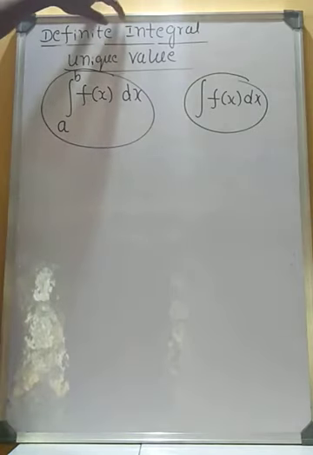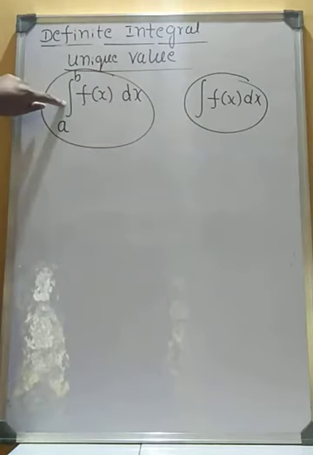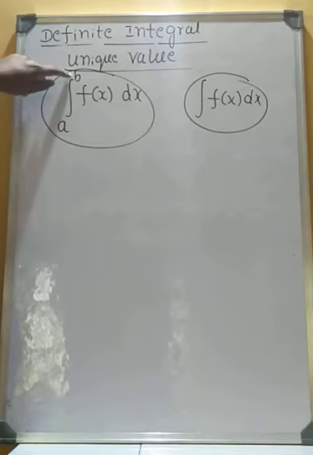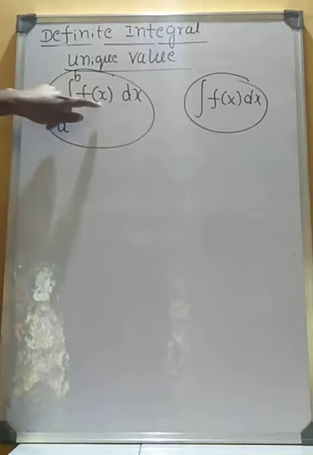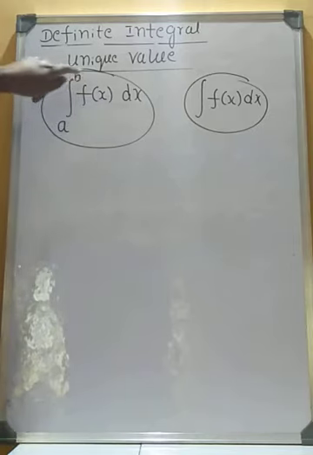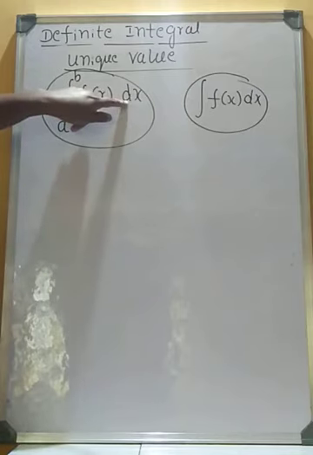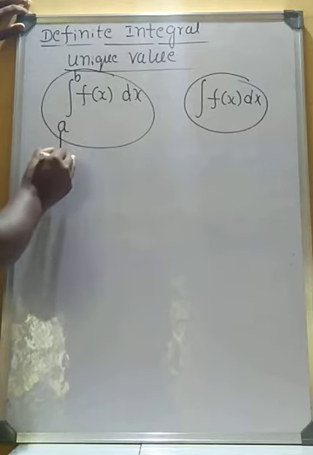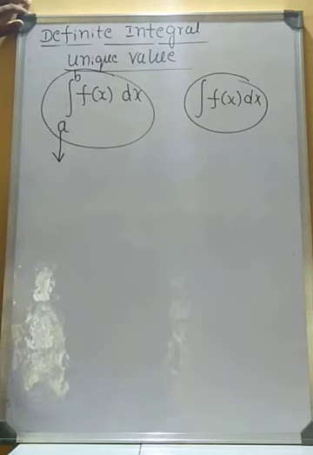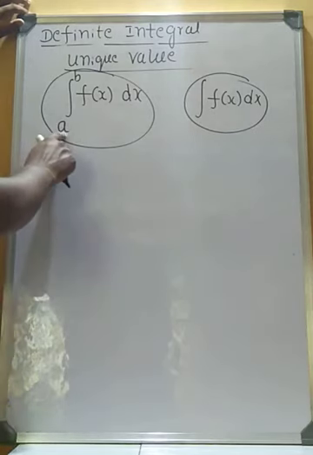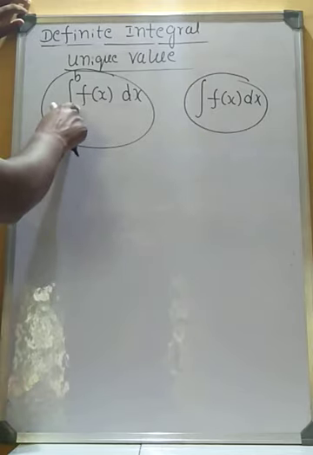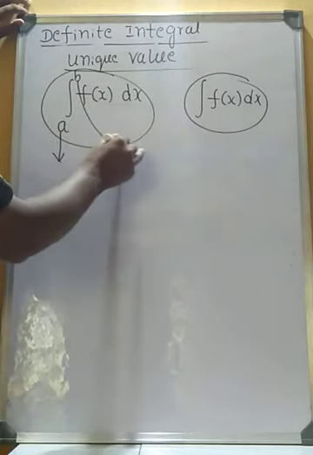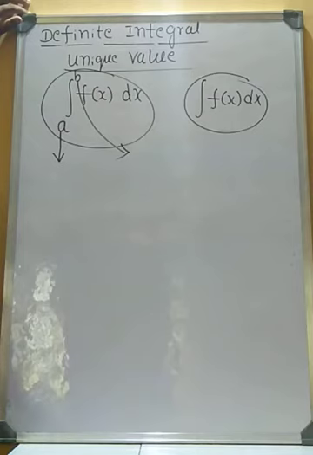A definite integral is denoted by the integral from a to b of f of x dx, where f of x is a function, a is called the lower limit of the integral and b is called the upper limit of the integral.